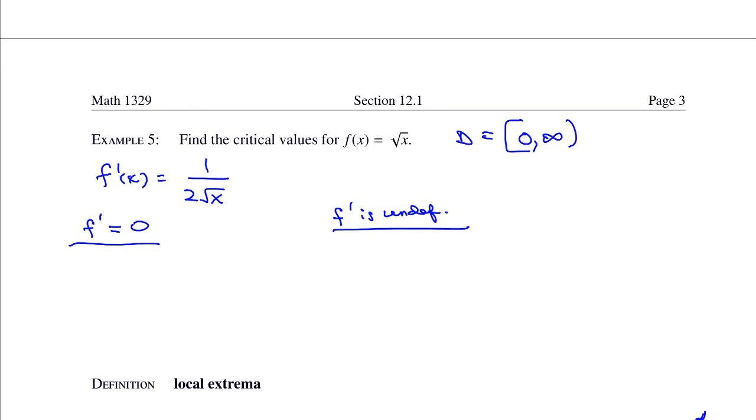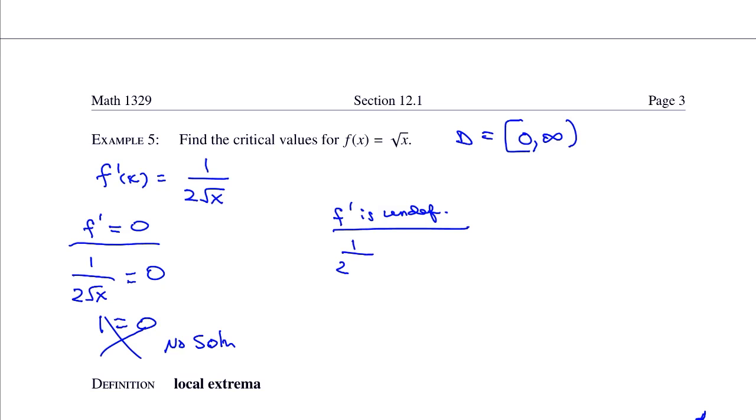To solve when a fraction is equal to 0, in other words, 1 over 2 square root of x equal to 0, that is the same thing as setting the numerator equal to 0. 1 equals 0 is not true. So there's no solution from that piece. Next, we look at f prime undefined.